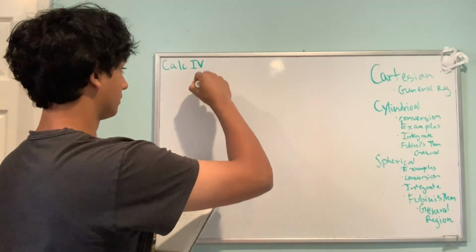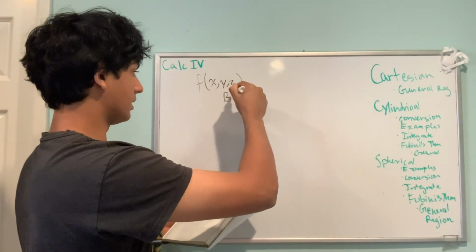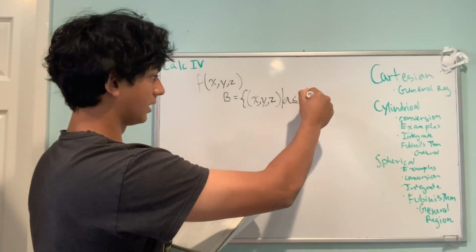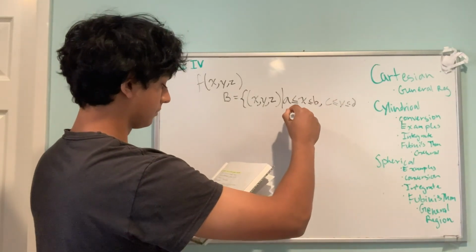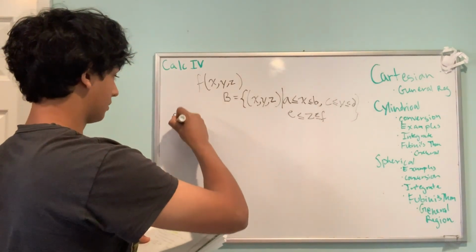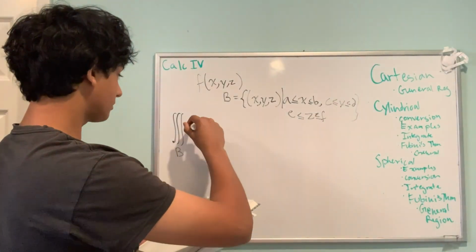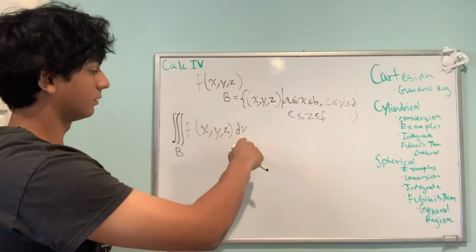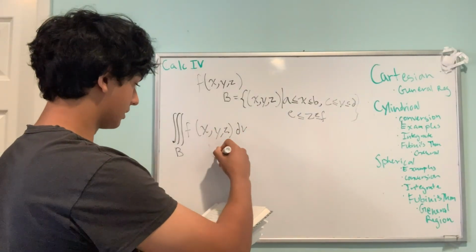For f of x, y, z over some box that's defined by B, where B is in the Cartesian coordinate plane, and x has these constraints, y has these constraints, and z has these constraints, it's defined as this: the triple integral over region B of f of x, y, z dV, and a triple integral is defined as this.